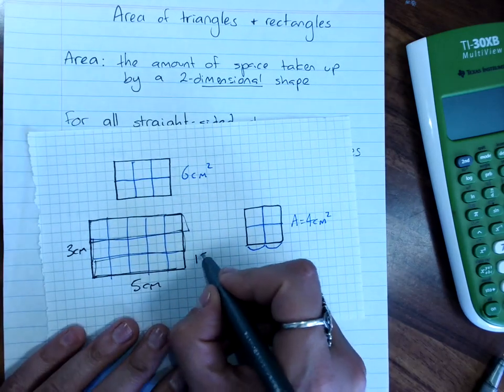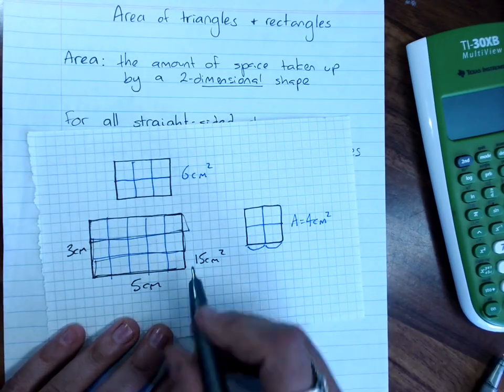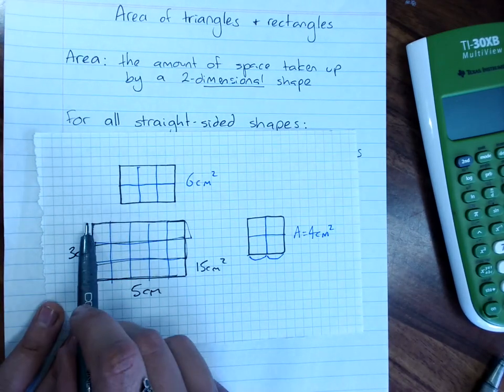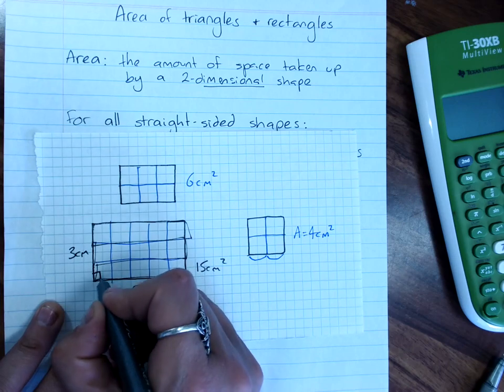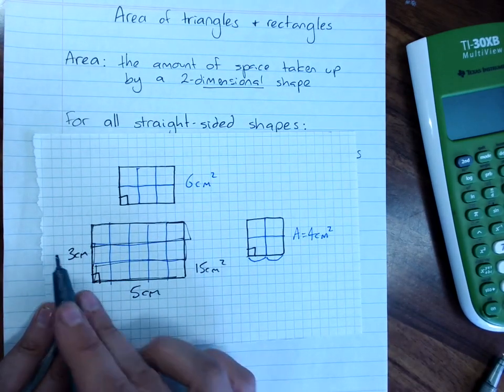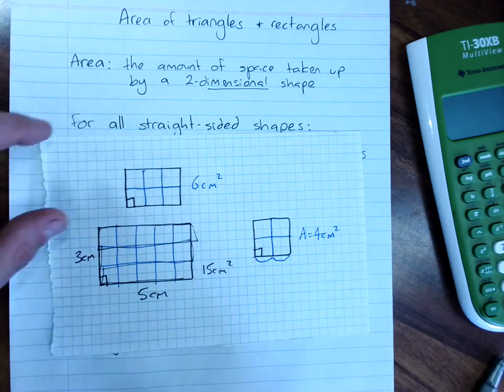So this is 15 centimetres squared for its area. So squares and rectangles are easy because you just measure the two sides that are at right angles to each other and multiply them together, and that tells you how many squares there are.